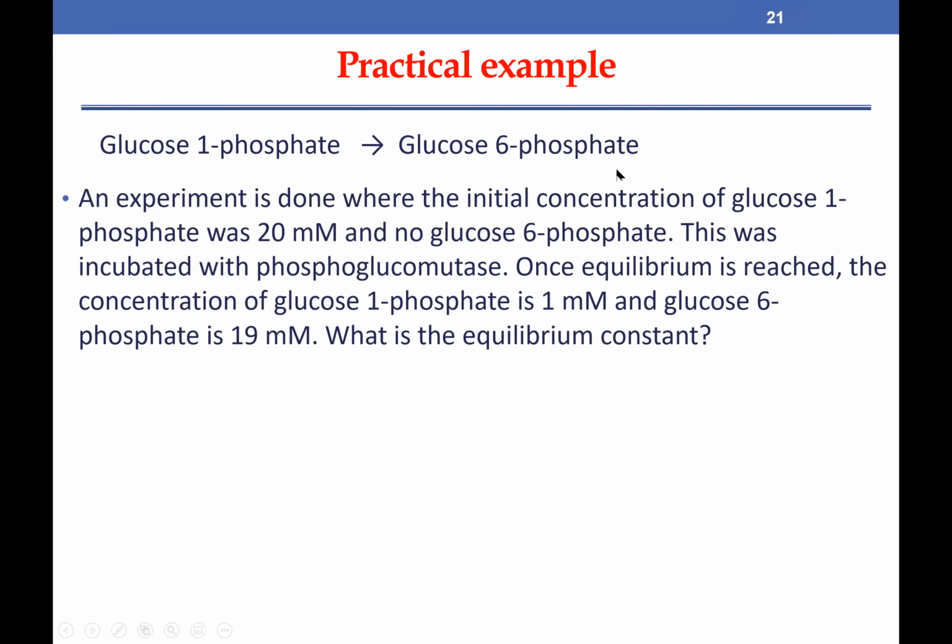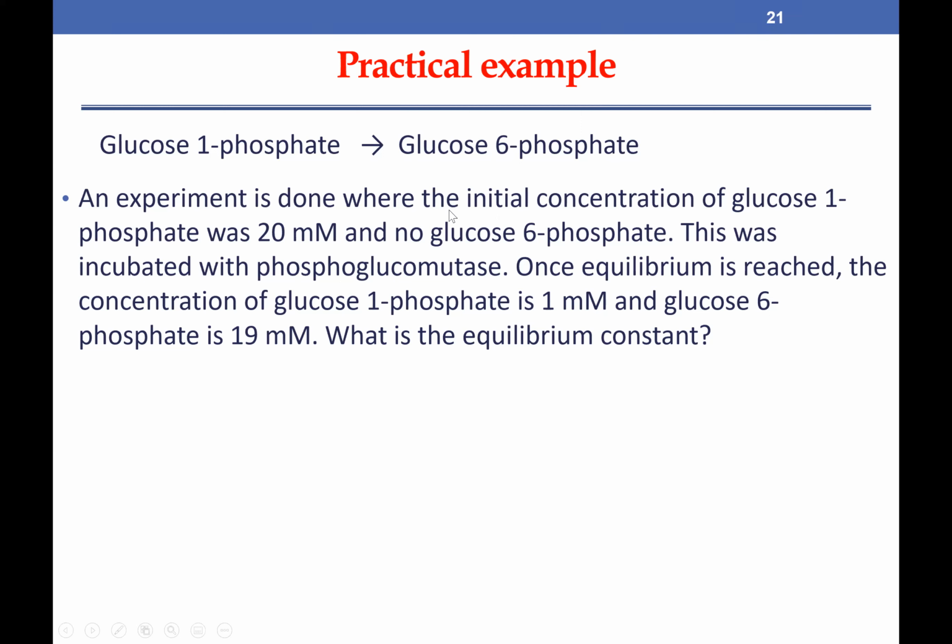What is the equilibrium constant? If you remember, we said that the equilibrium constant is concentration of product divided by concentration of reactant, which is simple, right? But then we have two concentrations of the reactant here, 20 and 1. What am I going to use?